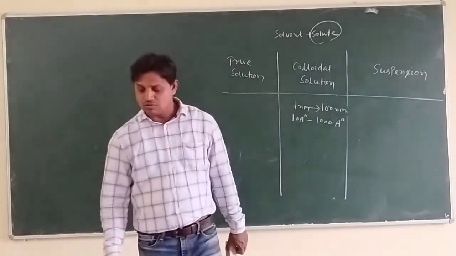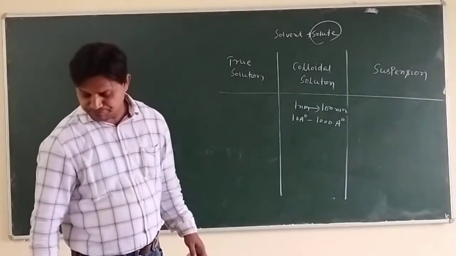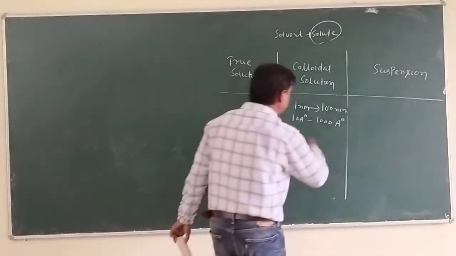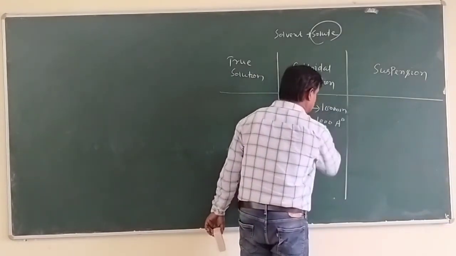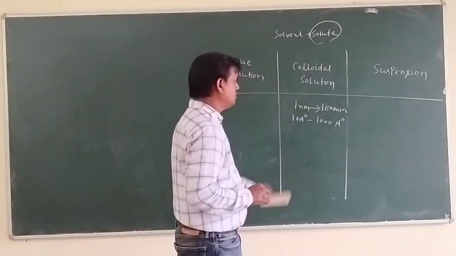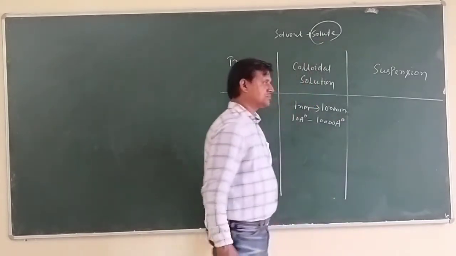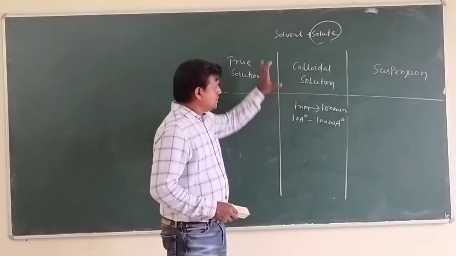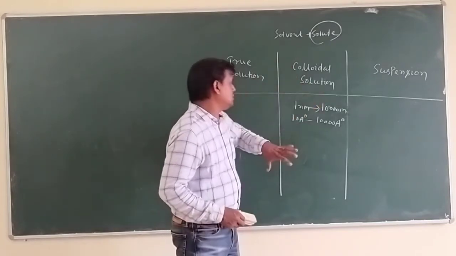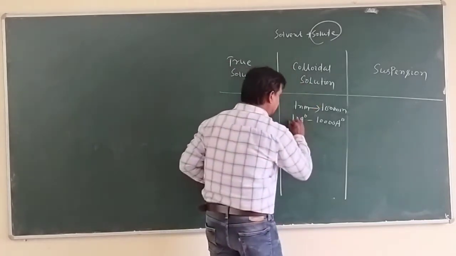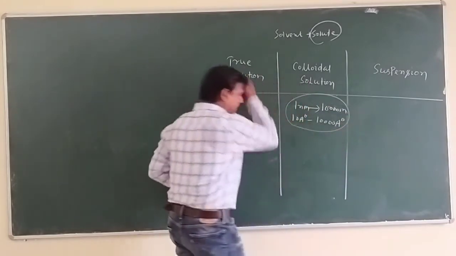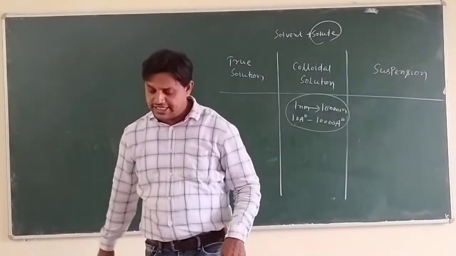Also 1 nanometer to 1000 nanometer, and 10 angstrom to 10,000 angstrom. So in colloidal solution, this is the size range of the colloidal particle, or the size range of the solute particle.